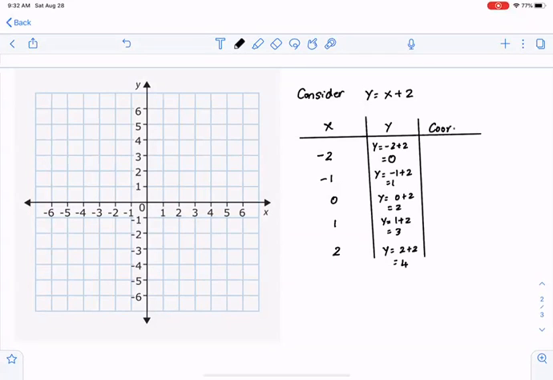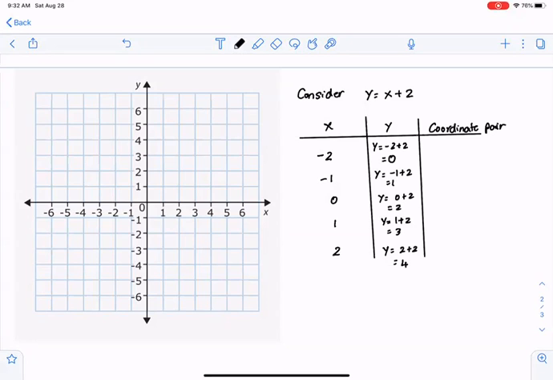I want to write this in coordinate pair notation. A coordinate pair is simply the pair of x and y put within parentheses. Coordinates or points, they mean one and the same.